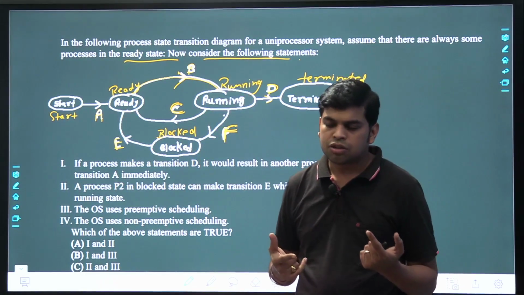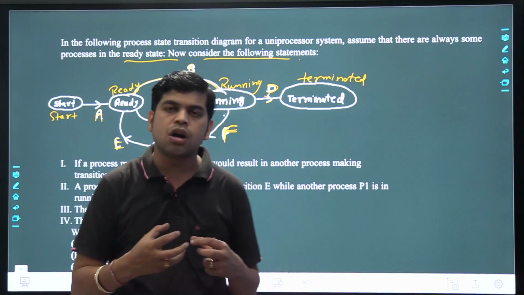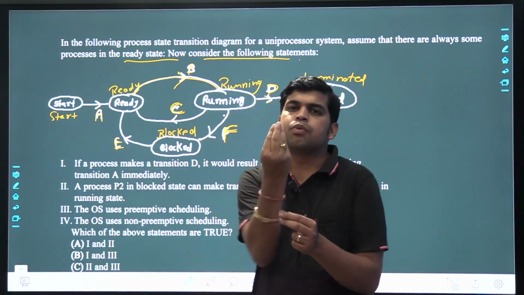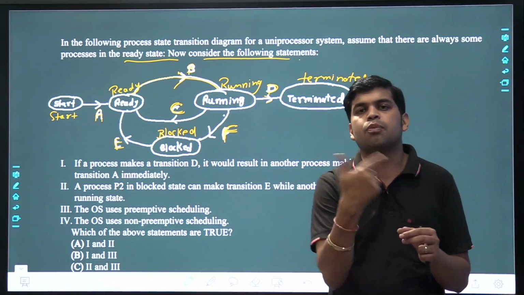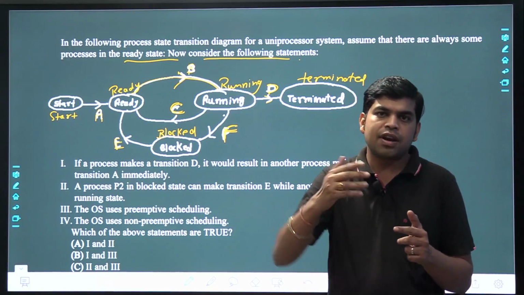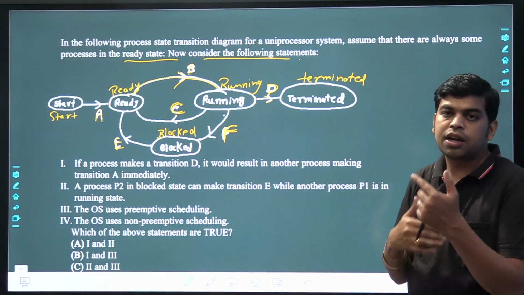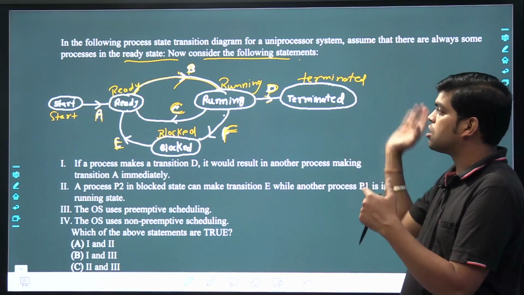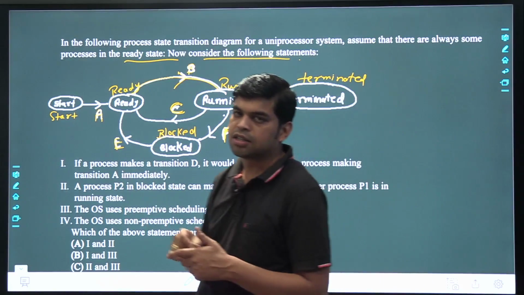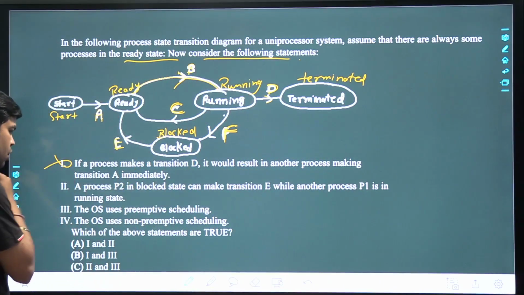Definitely it is not always correct, because it may be possible that some processes exist in the ready queue and those are the only processes that we need to execute. So definitely one by one the processes go to running and terminate. It is not necessary that when a process terminates, a new process arrives in the ready state. So the first is not correct.